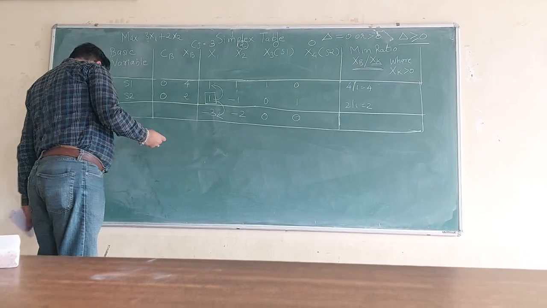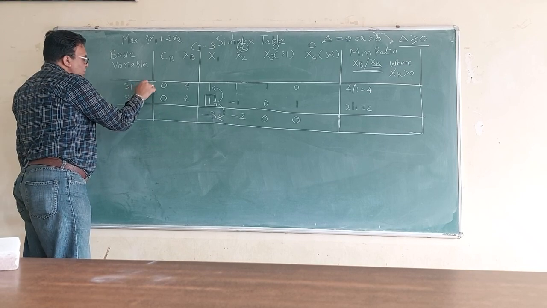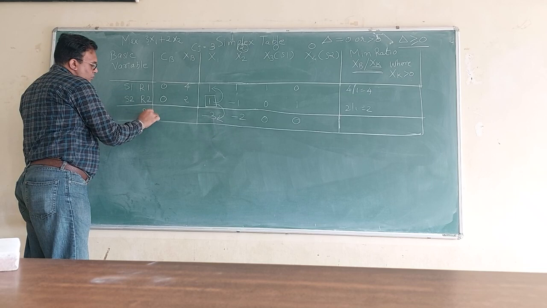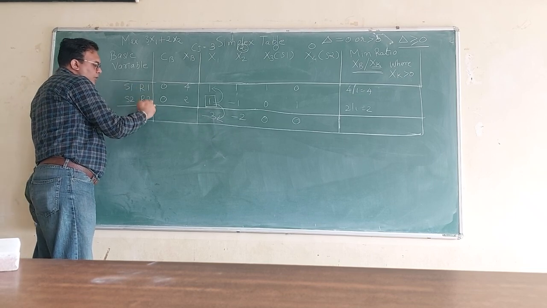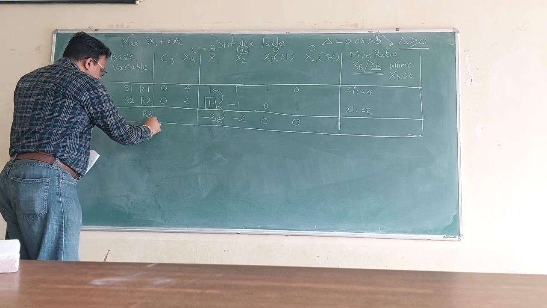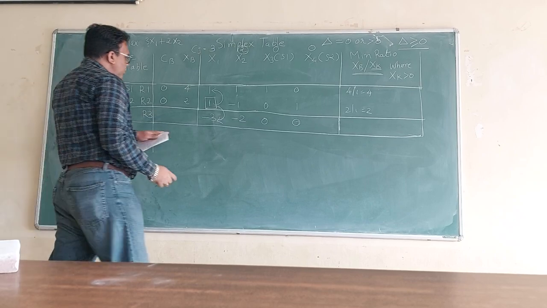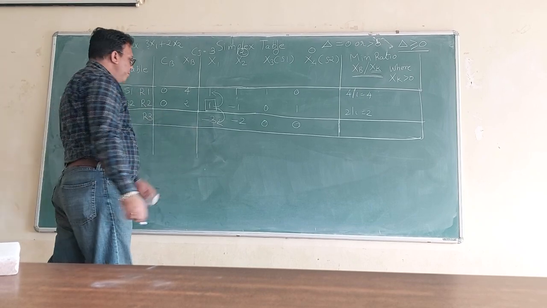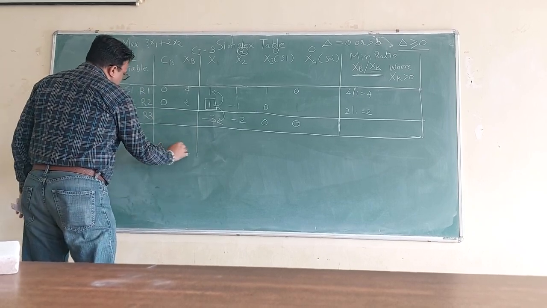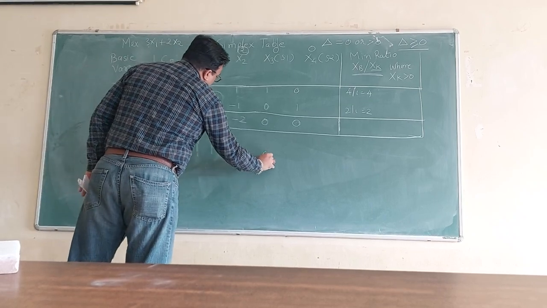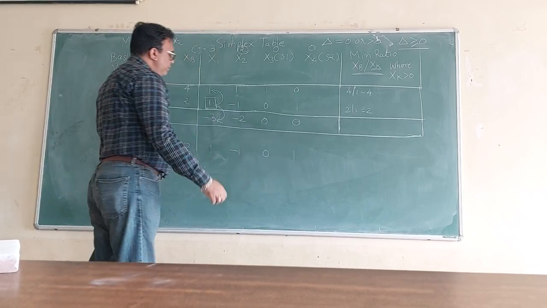So I am giving some row numbers. This is row R1, this is row 2, and this is row 3. So the second row which we have to put remains the same: 0, 2, 1, -1, 0, 1.